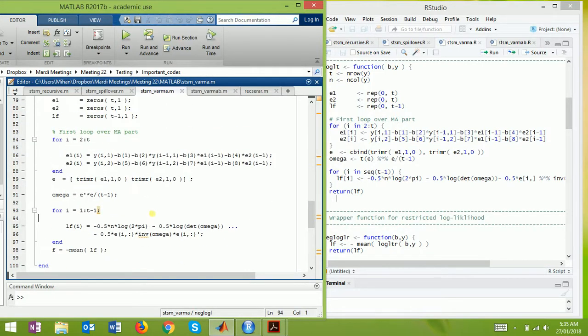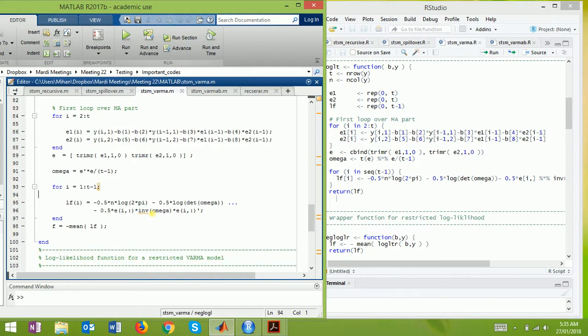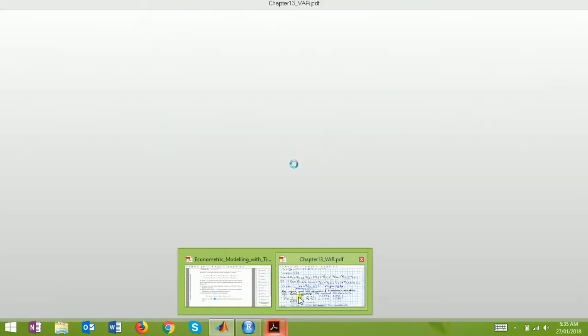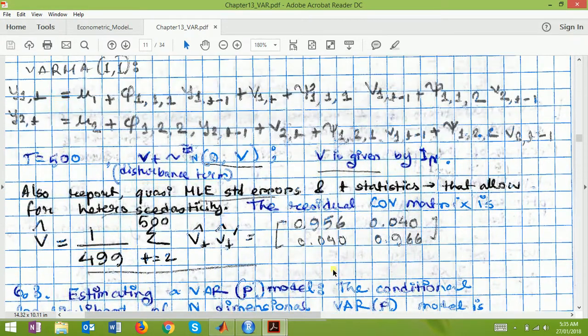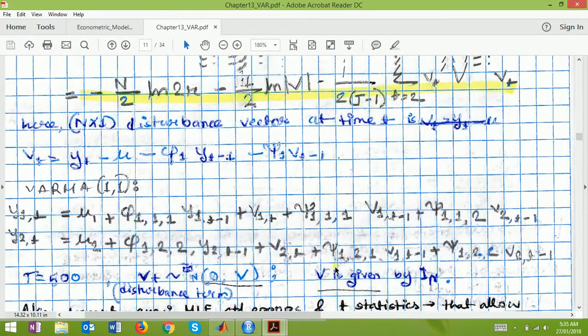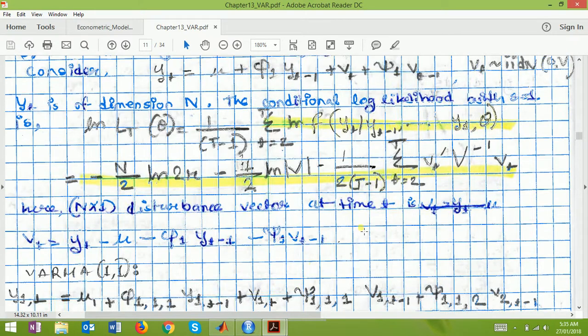Then for the log likelihood function, we do another loop 1 up until T minus 1, because as we can see from our equation, we are supposed to have 1 to T minus 1 in the log likelihood function.